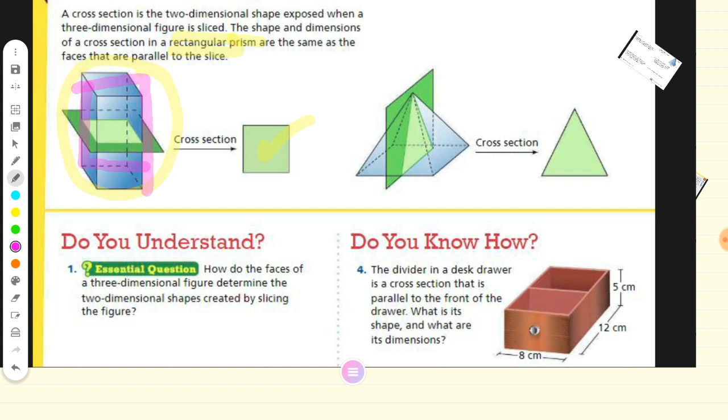In the first case it is a square. Second, if I have a pyramid with a square base and cut it vertically, you will find the sliced part is in the shape of a rectangle. Okay, let's discuss more examples about that section.